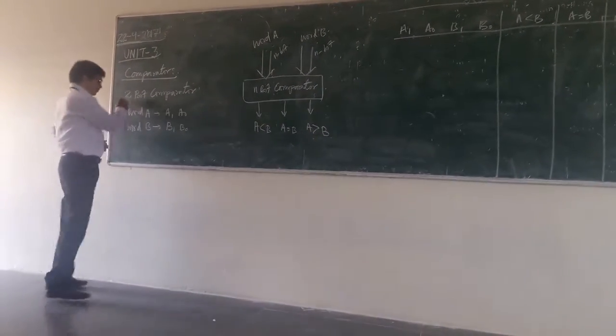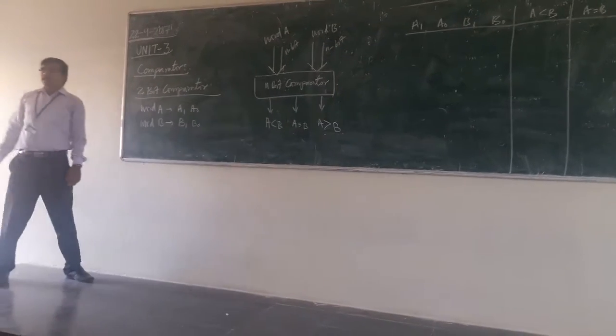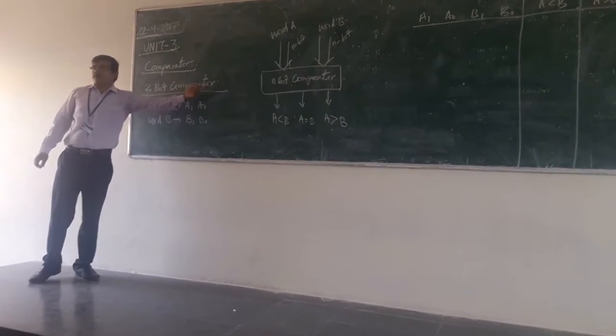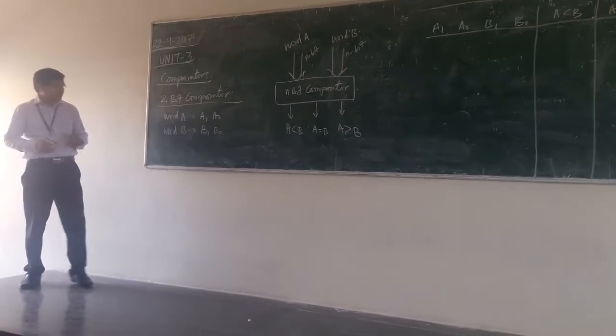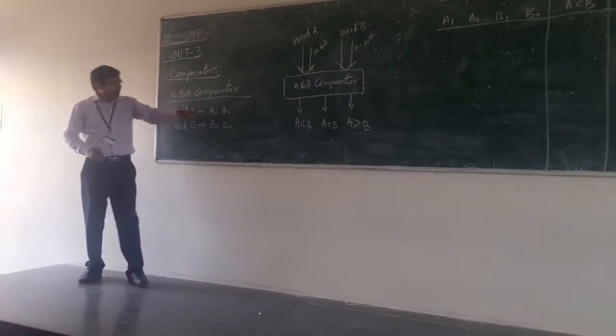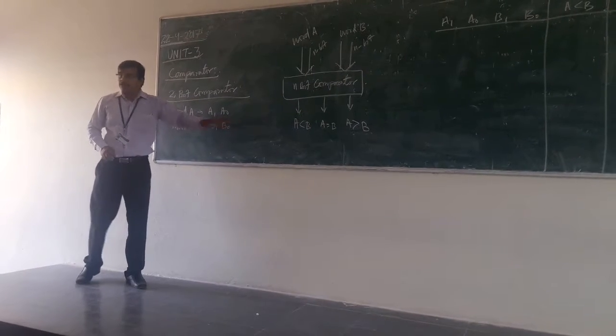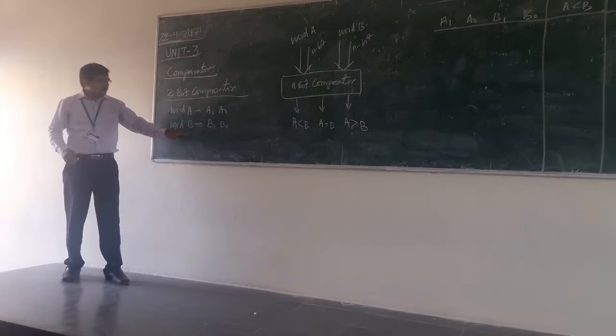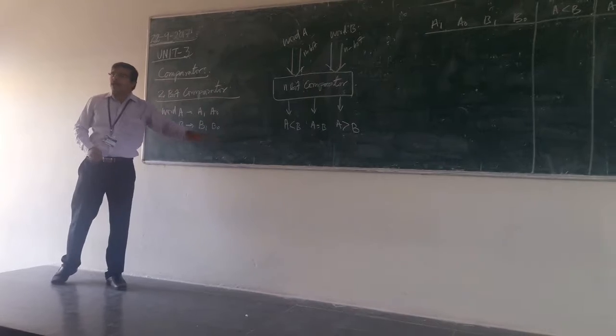Now here we are going for designing a 2-bit comparator. 2-bit comparator means you are having word A, let us assume A1 and A0, and word B, meaning B1 and B0.